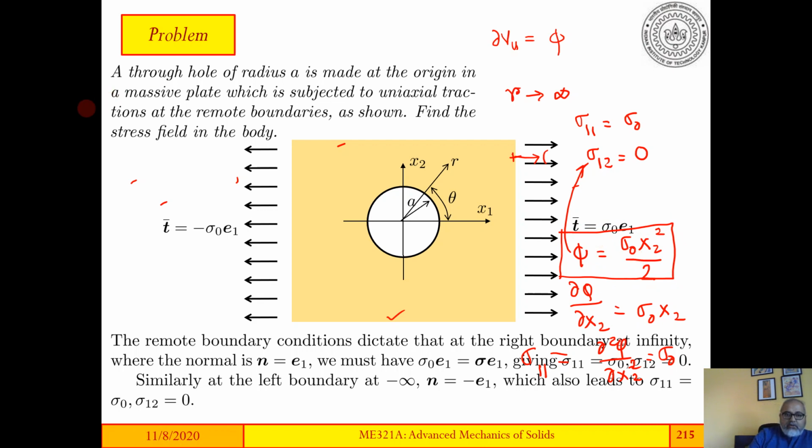That much is clear. Now we are going to solve this problem not in Cartesian coordinates, but in cylindrical polar. So we just replace x2 by r sine theta, whole square by 2. So this term must be included in the Airy stress function, and then you get r square sine square theta, which you can convert into something like 1 minus cos 2 theta, because our other terms that are going to come from the Fourier series are going to contain cos n theta.